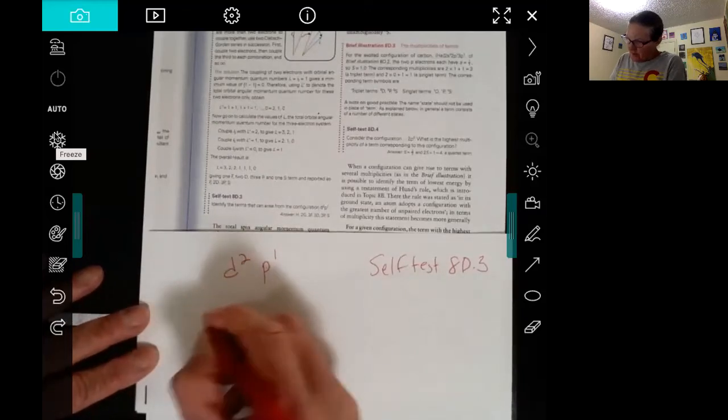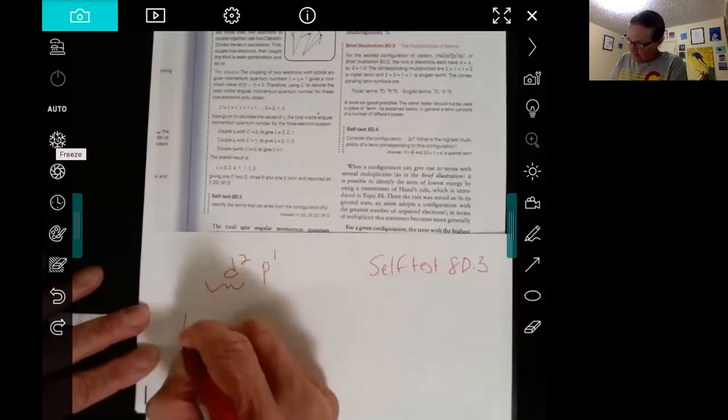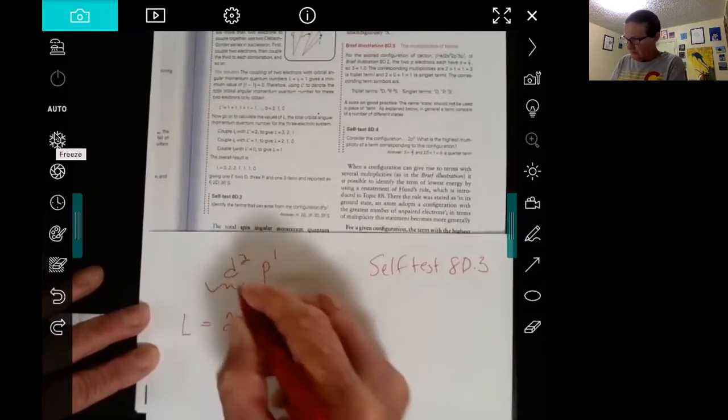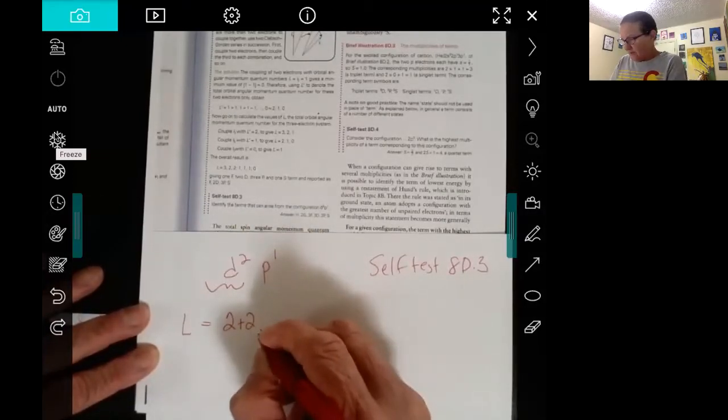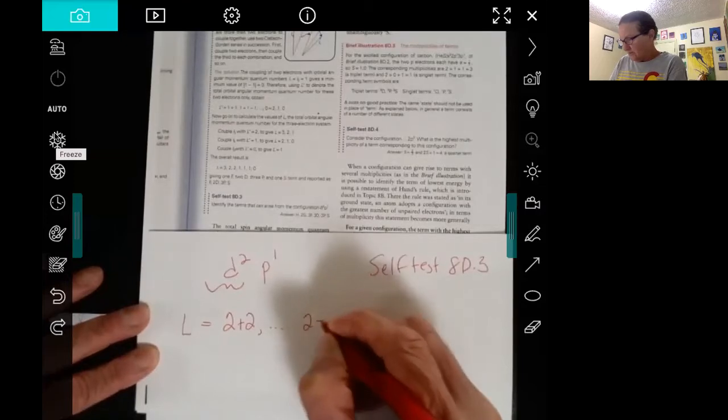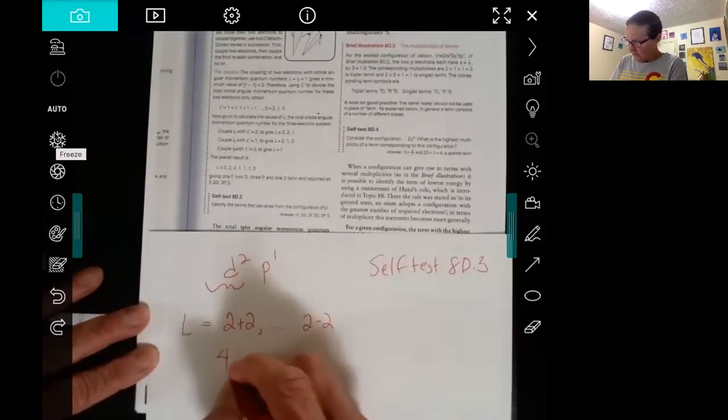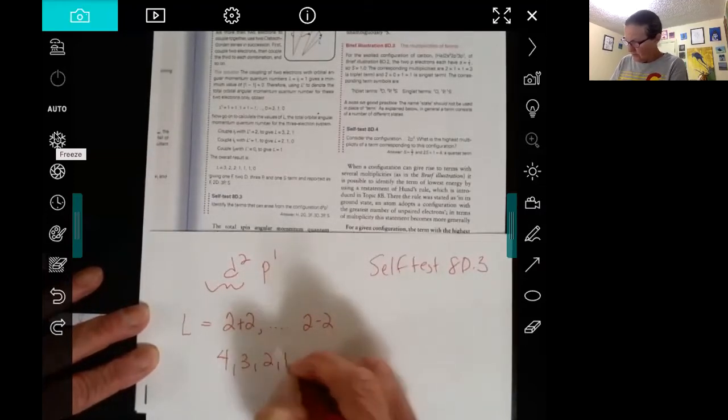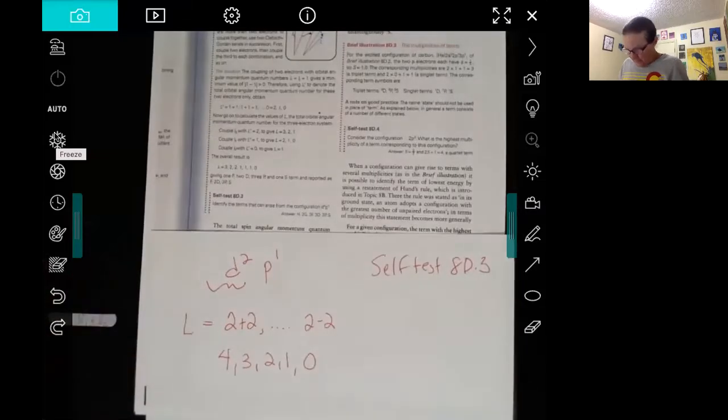So if we start with these 2, then L is going to be 2 plus 2, because each d is a 2, all the way down to 2 minus 2. So we're going to get a 4, a 3, a 2, a 1, and a 0, which is exactly what we just coupled in the last one.